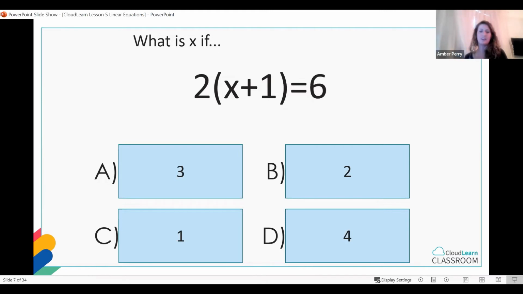You simply have to write whether you think the answer is A, B, C, or D. So we have got, what is x if 2 multiplied by x plus 1 equals 6? Take pen and paper, work this out, use the method that you feel most comfortable working it out, and I'm going to launch a poll in just a moment to give you a chance to get the answer.